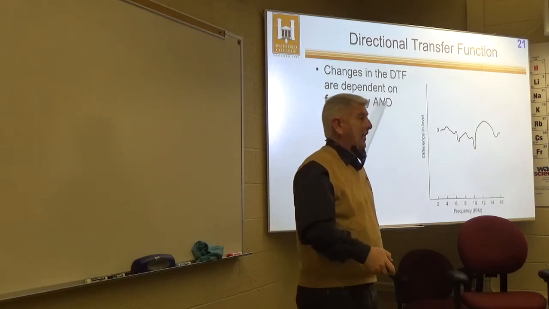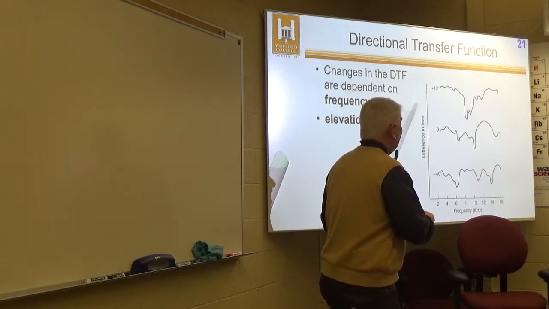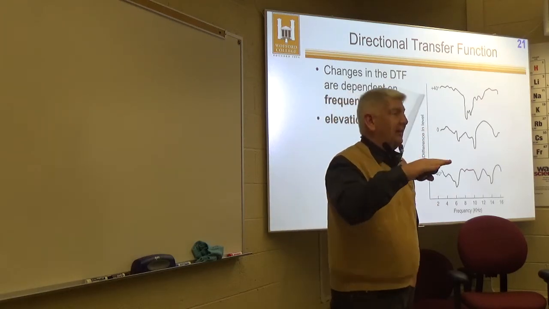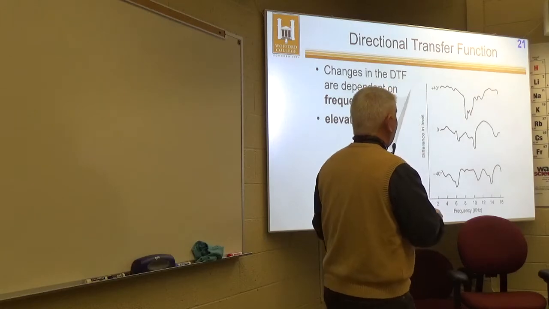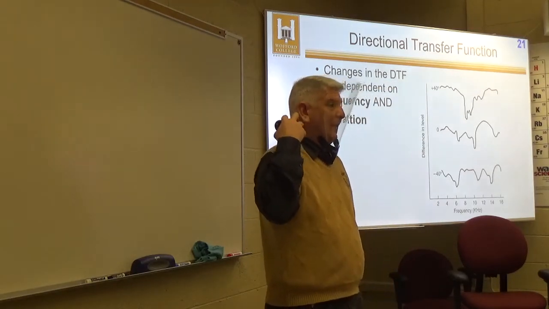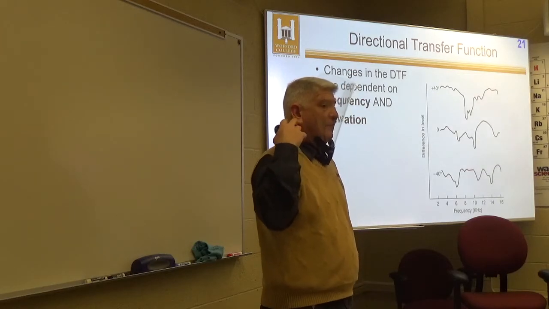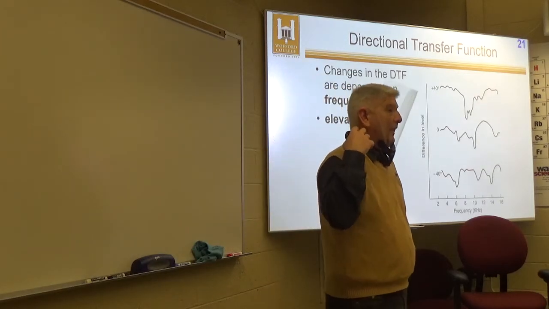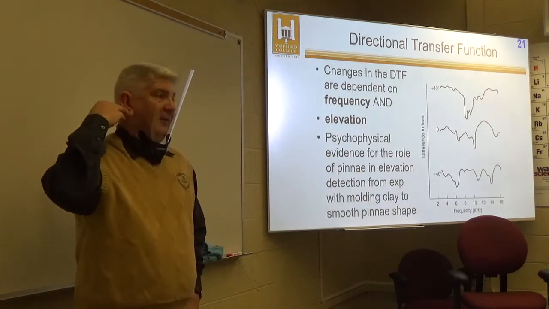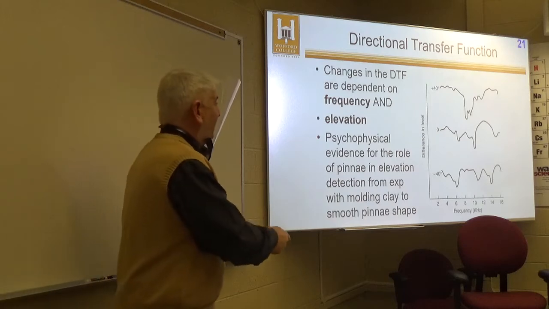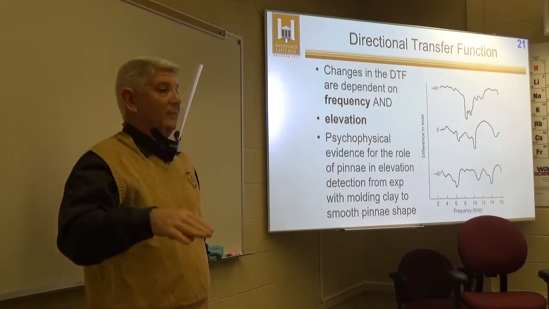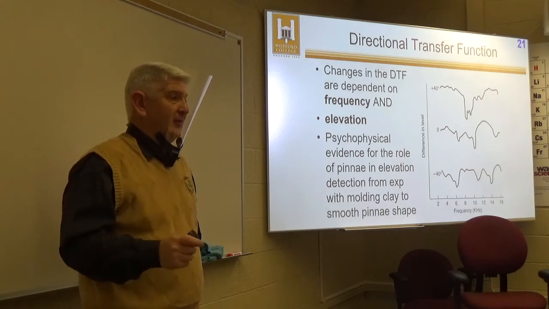And as that sound then moves higher or lower in elevation, it changes that pattern of intensity in a specific way that our brain has recognized as differences in elevation. And again, if we smooth out the pinna, if we eliminate this structure, then this goes away, and we remove the ability to detect that change in elevation.